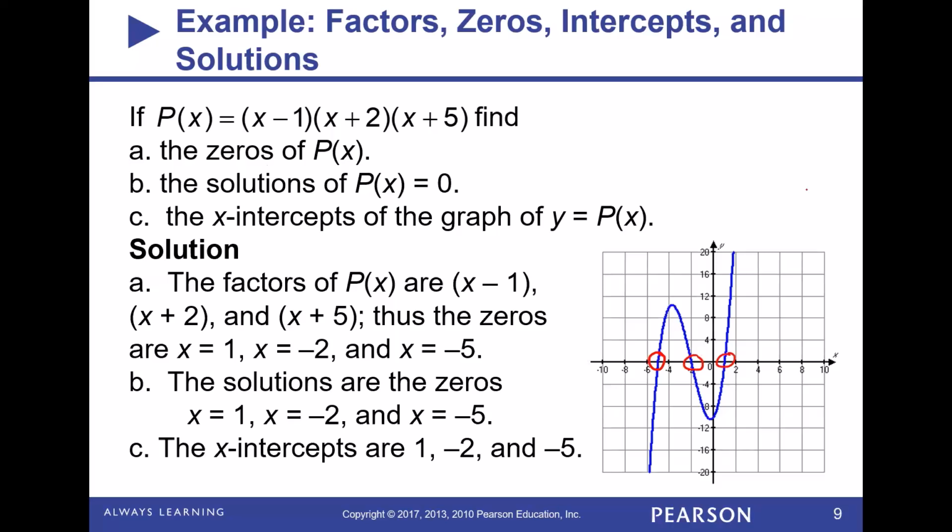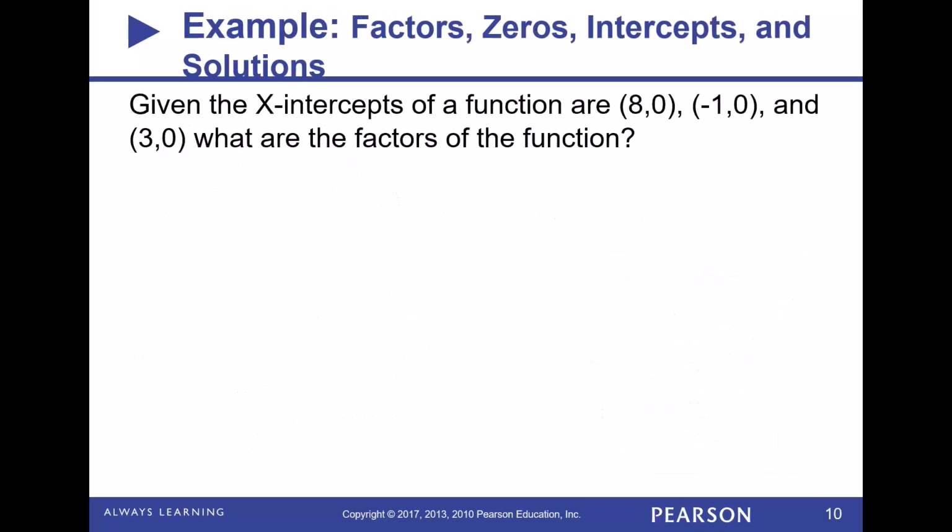Notice where it's crossing or touching the x-axis. I'm getting it at x equals 1. So there's my x equals 1. Here's that lovely x equals -2. And here is that final one, x equals -5. So again, all three different ways there.